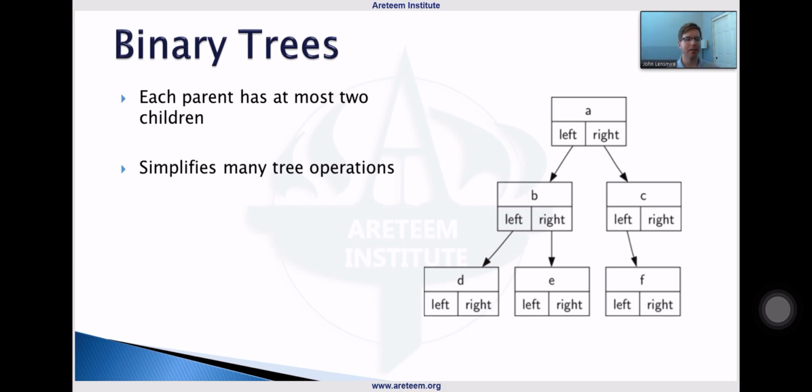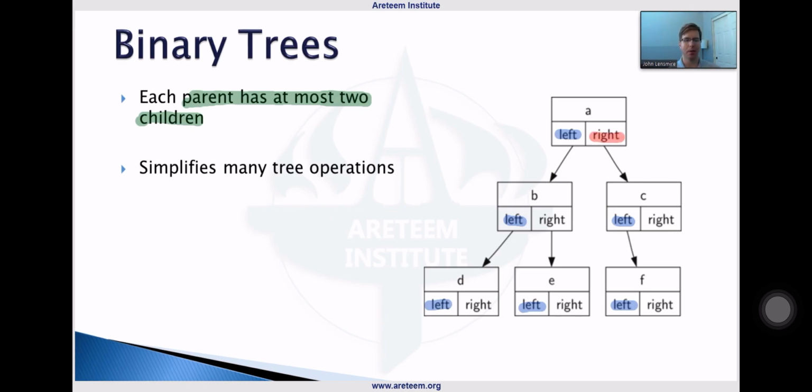Because now, if we restrict the number of children, each parent has at most 2 children, we can then specifically talk about them, right? We can talk about left, right? If a node has a left child, and then right. So we have two of them. We can mention them by name.